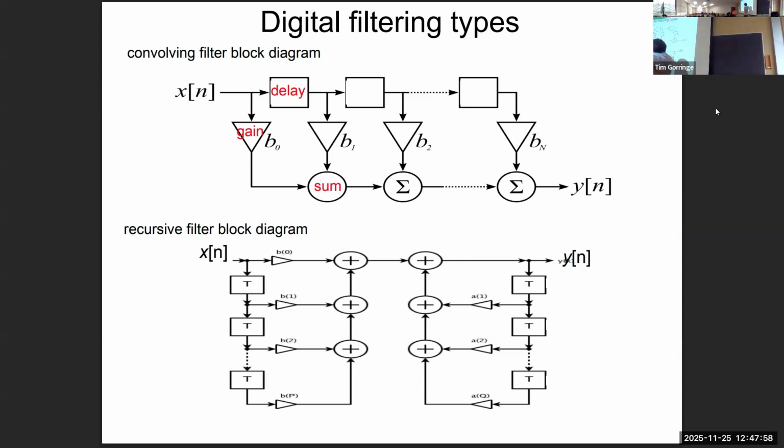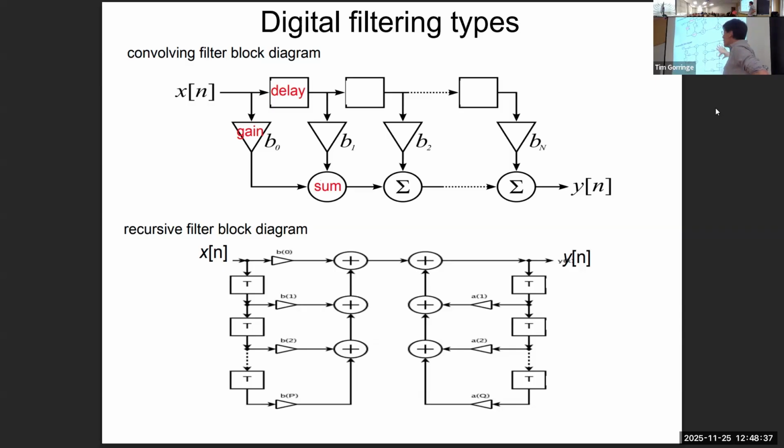In the case of the convolving filter, we just make the output from some superposition of the input, the current and the past inputs. That's what's happening upstairs here in this diagram. In the recursive filter, the output is made from some superposition of the input values, the current one and the past ones, but also it's feeding back the output, and so past outputs are superimposed in the current output.